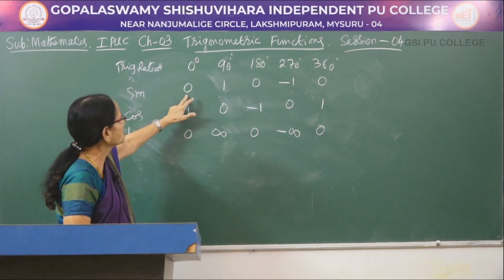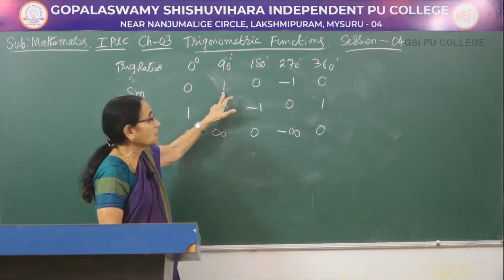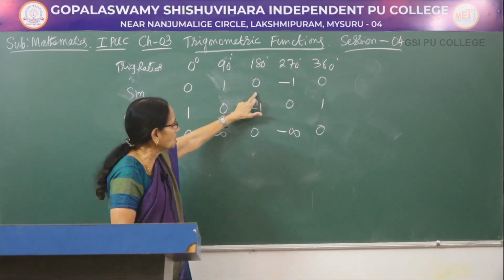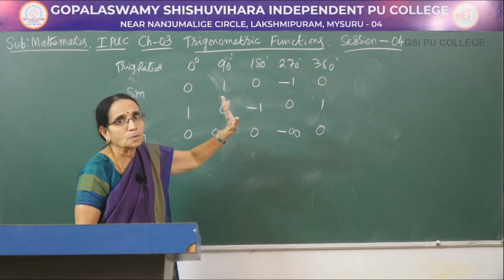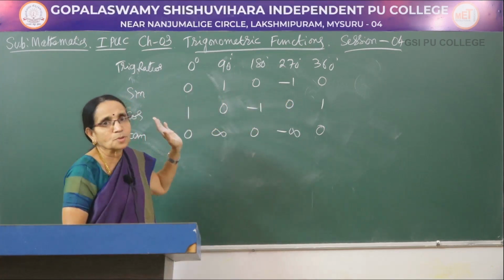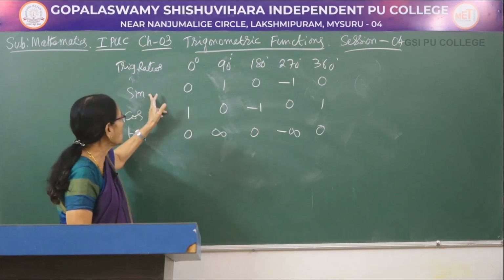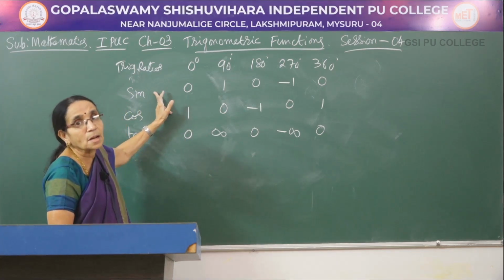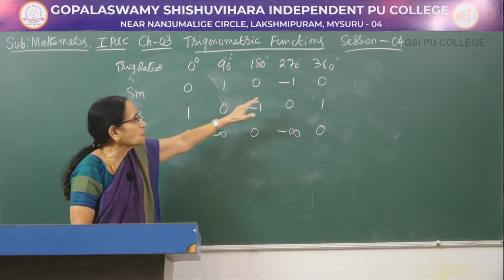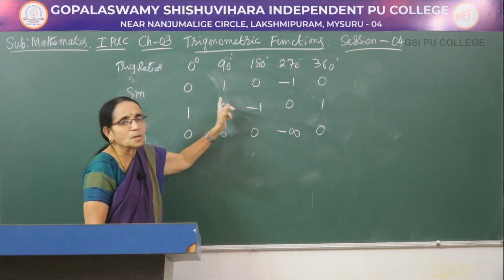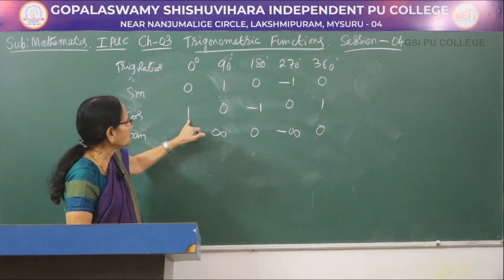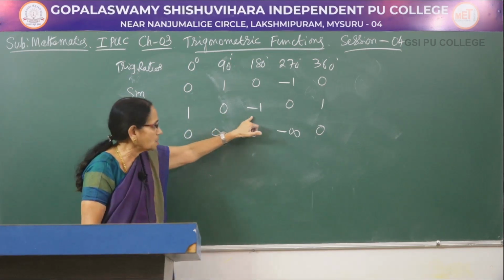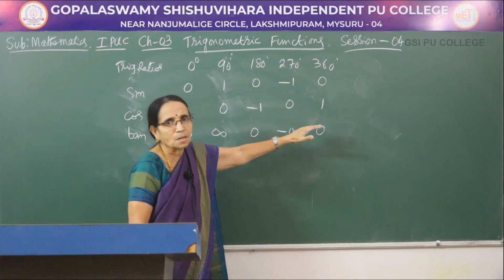Sine starts with 0 here and rises to 1, comes back to 0, decreases to -1 and again goes to 0. So, whatever may be the value of sine theta, I can say sine of 22,999 degrees certainly should lie between -1 and +1. Similarly, when you take cos, 1 to 0, decreasing, further decreasing, increasing and increasing.